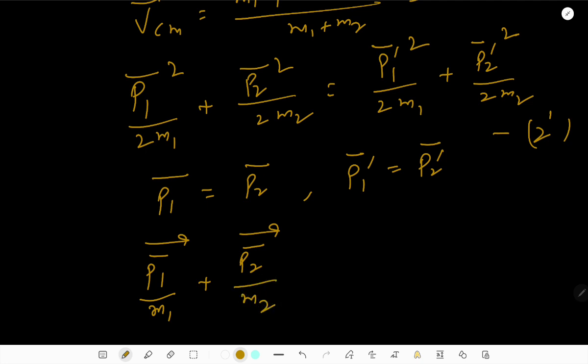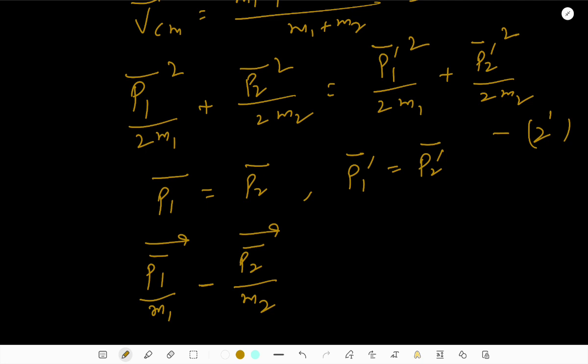This is not this, but you would like to put a minus sign between them. This is the relative velocity before collision in center of mass frame, and the difference of two vectors in any frame is the same. Basically it is independent of choice of coordinate frame.